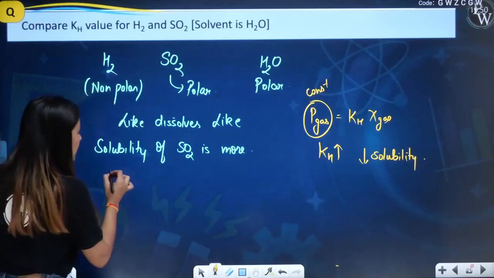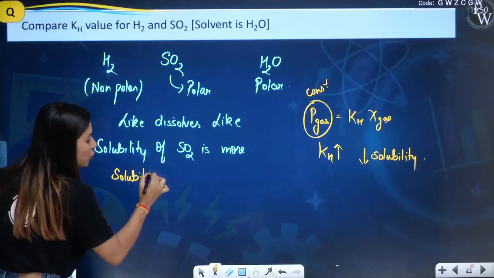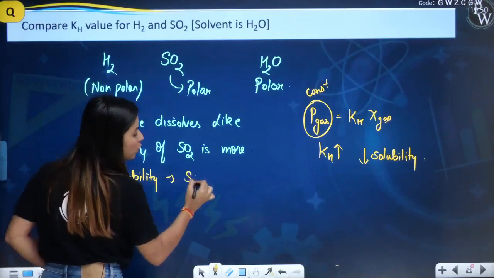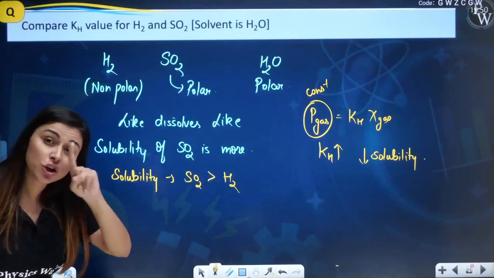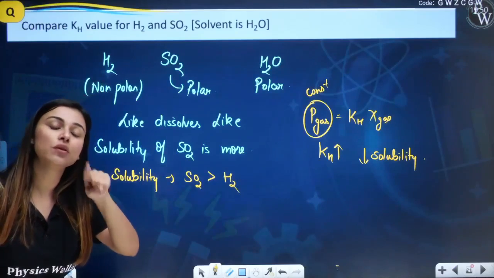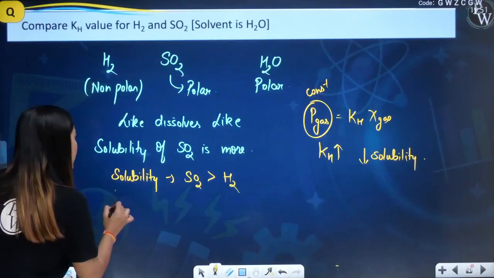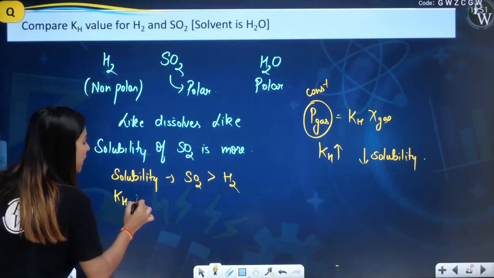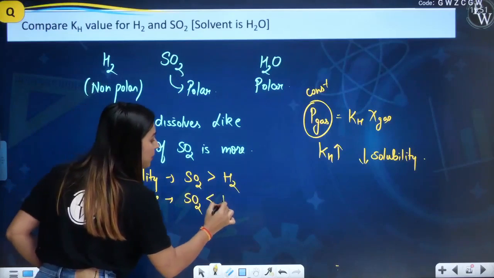So I can say that for solubility, SO2 is more than H2. If solubility of SO2 is more, then KH value of SO2 will be less as compared to H2. So Henry's constant KH value will be less for SO2 as compared to H2.